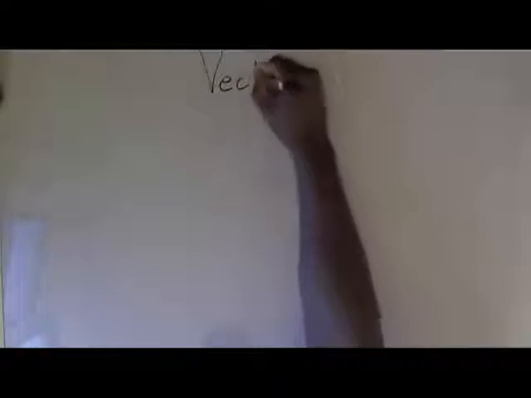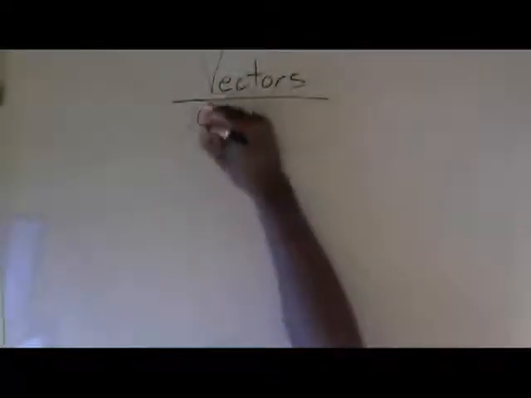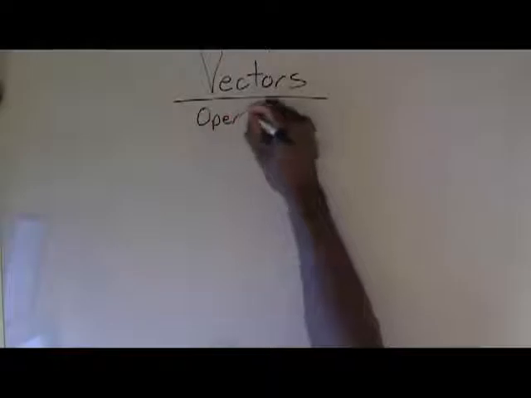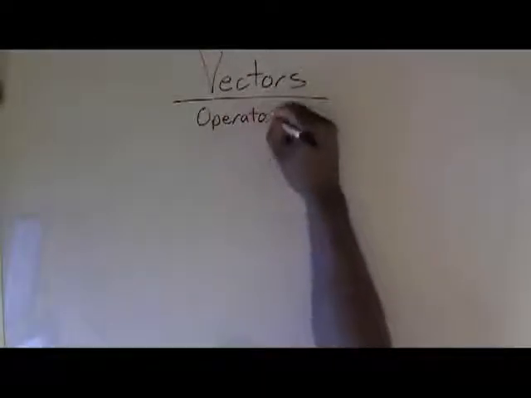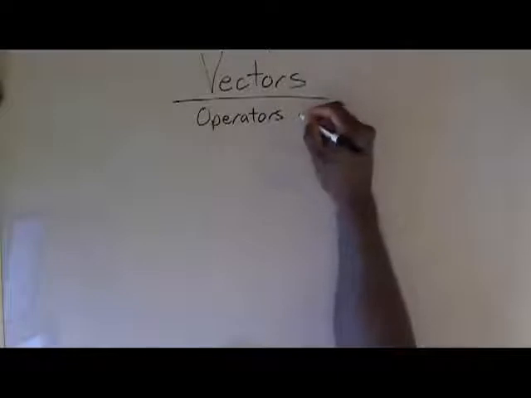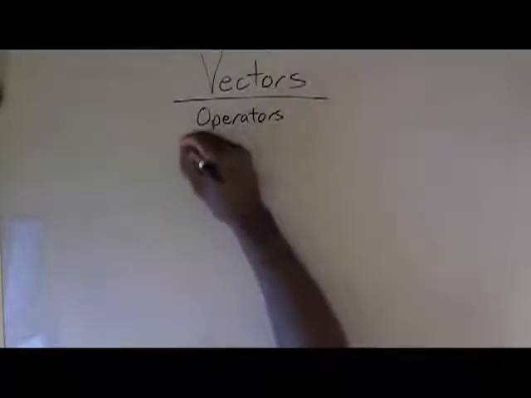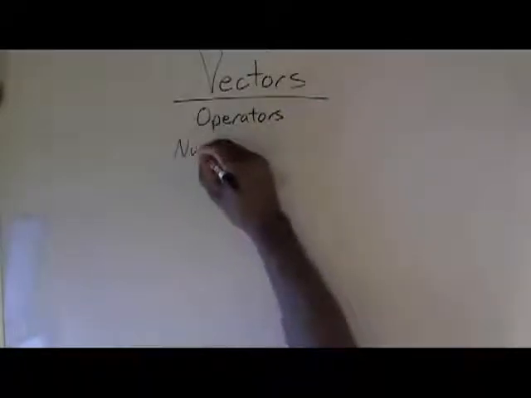Okay, this video segment, we're still on the topic of vectors. And today's topic, we're going to talk about operators on vectors. Specifically, there are two types, or I categorize them as two types.